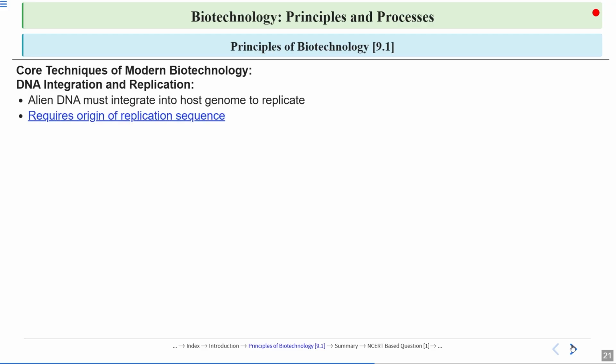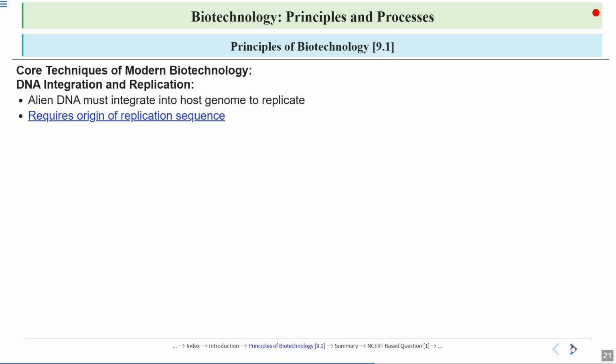So how can we make sure that it integrates into the host genome and replicates? For that we require the origin of replication sequence. So what is the origin of replication sequence? It is a sequence which we need to initiate DNA replication. It is by this sequence only that replication can find its start and begin.